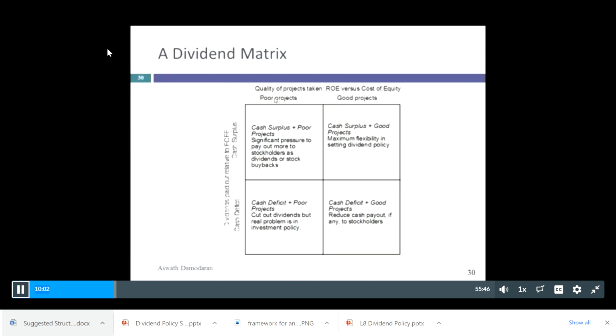If we find that they're building up a cash surplus because their free cash flow to equity is always or generally greater than the dividend, but they have poor projects, they have an ROE that's less than the cost of equity, ROC that's less than the cost of capital, then they should be paying out more of that cash.